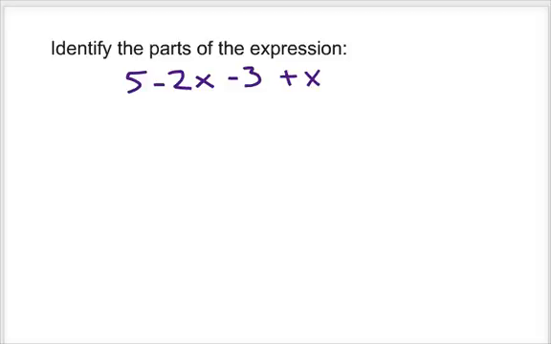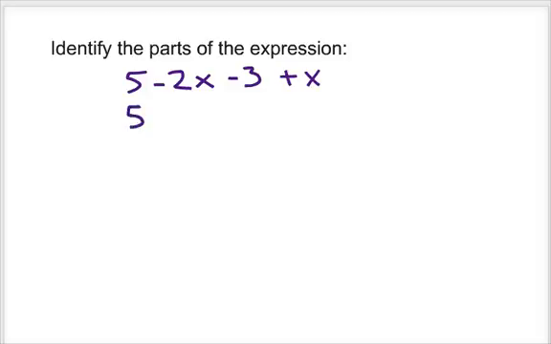Think back a bit. What would be the most important way to start? Well, looking at it, currently I don't have a pure addition problem. I've got subtraction in there. And I know that for terms, it has to be the parts that are added together. And for all of the other ones, I'm going to need to have that as well. So I want to start by making this into an addition problem.